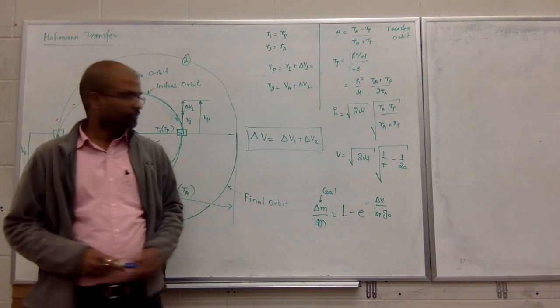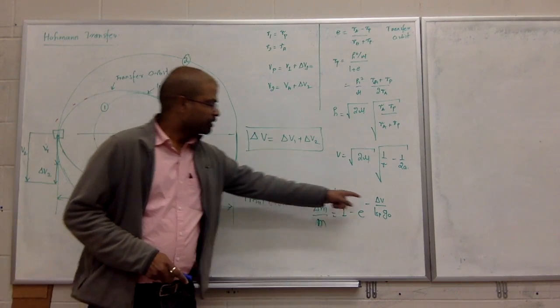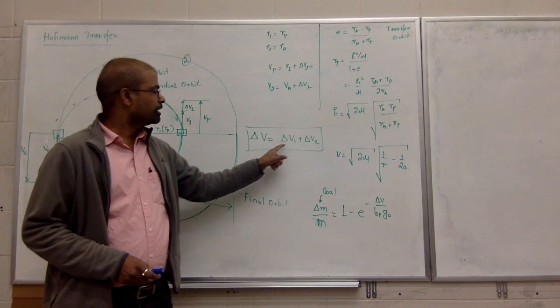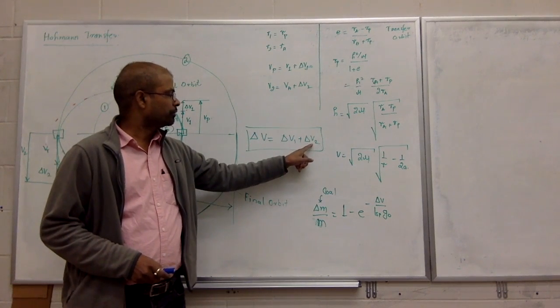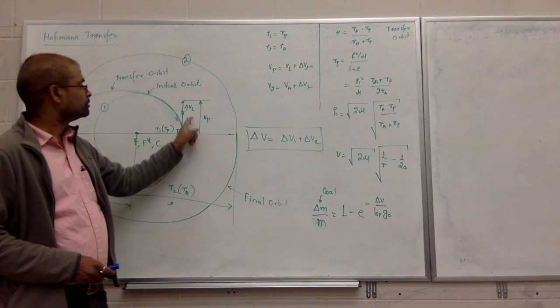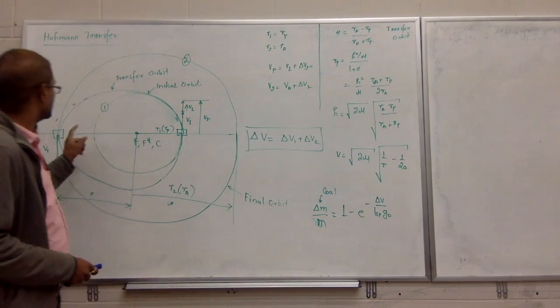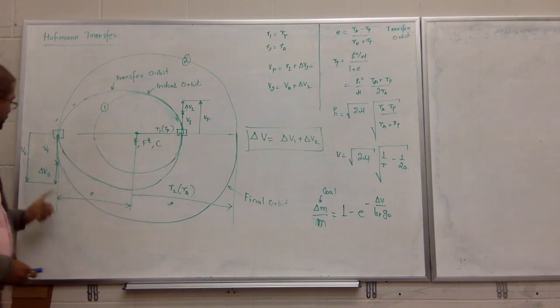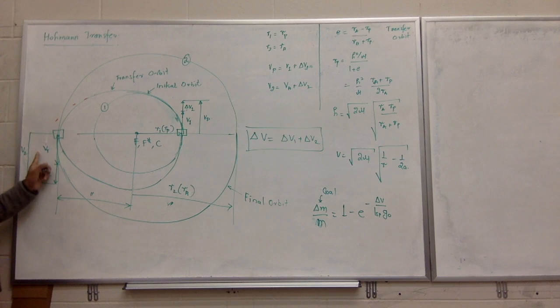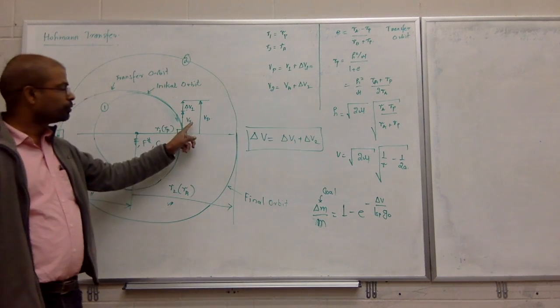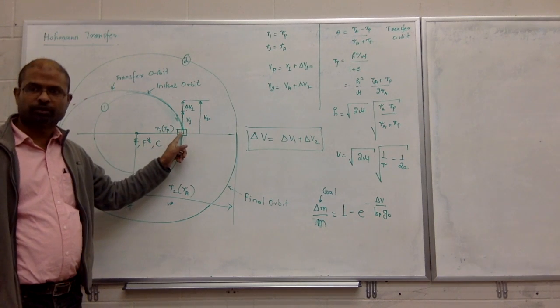Right? Delta M is a function of delta V. Delta V is delta V1 plus delta V2. What is delta V1? Vp minus V1. Right? What is delta V2? V2 minus Vt. Right? You know you have to get into this orbit first.